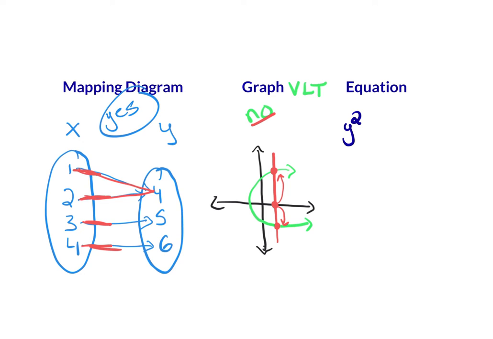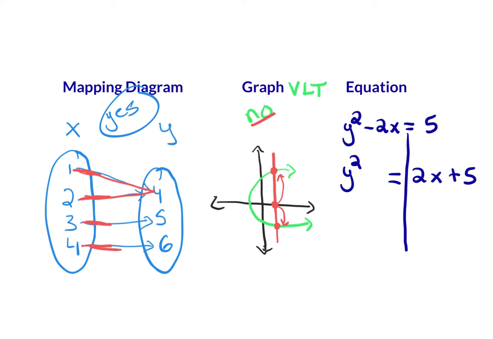All right, now an example where we have an equation: y squared minus 2x equals 5. Let's solve for y. I'm going to add 2x to the other side, so y squared equals 2x plus 5. And I'm going to square root both sides.